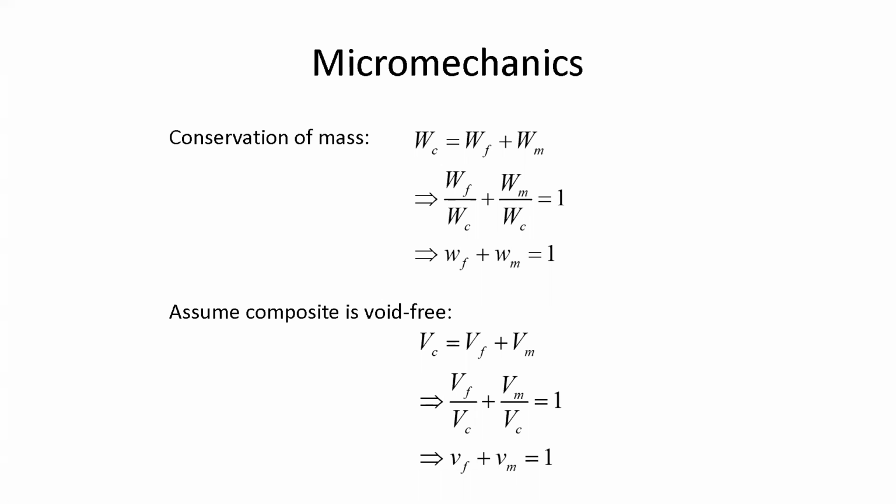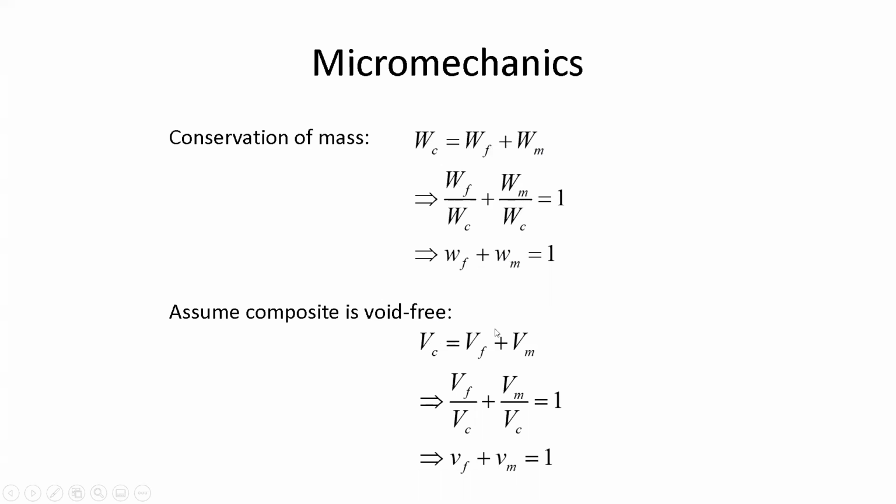So we can use conservation of mass. We know what that looks like. I have the weight of the composite equals the weight of the fiber plus the weight of the matrix. I can divide this equation by W_C, and now I get the ratio of how much I have of the fiber and how much I have of the matrix. If we assume the composite is void-free, I can take the void and not include it here.